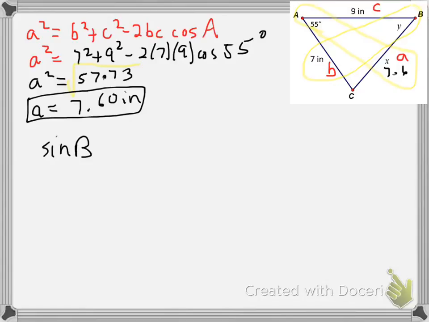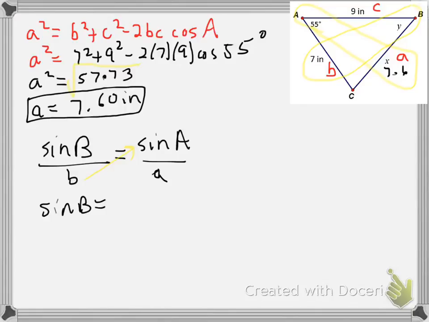Sine b, which is actually going to end up giving us y, over b equals sine a over a. I'm just going to bring the b up here once I do all my cross multiplying and dividing. So I end up getting sine b equals b over a sine a.